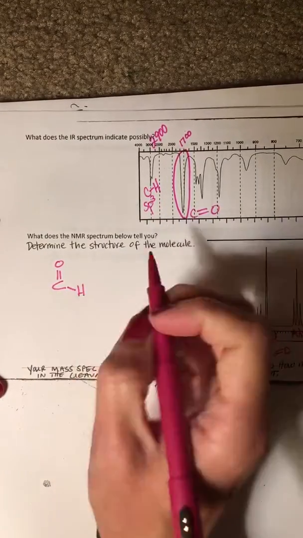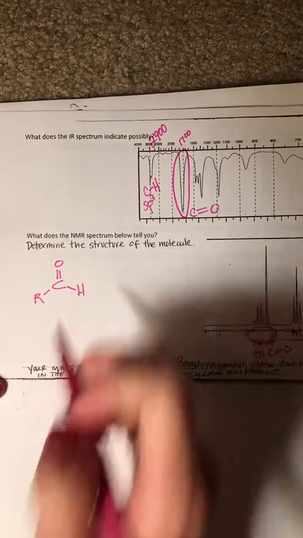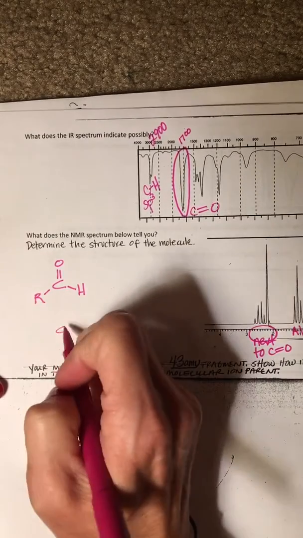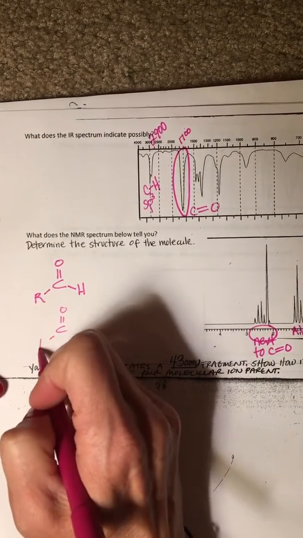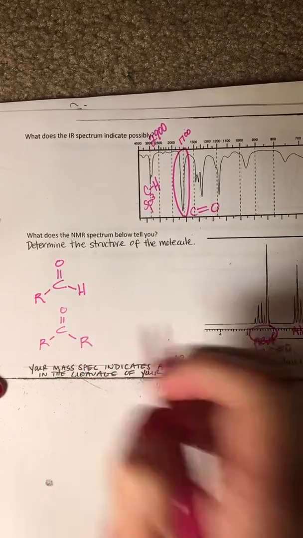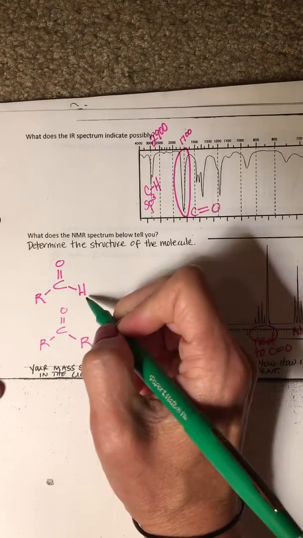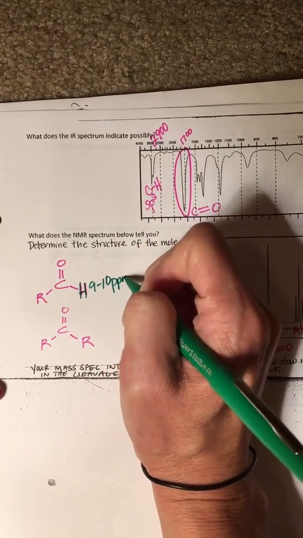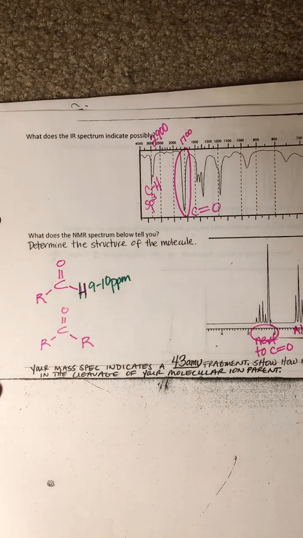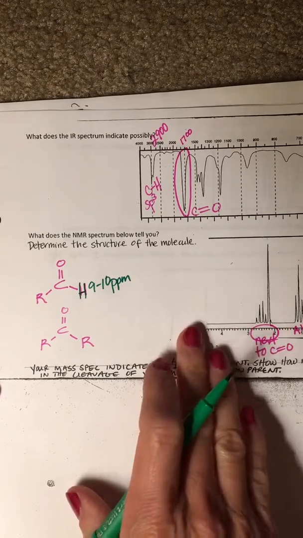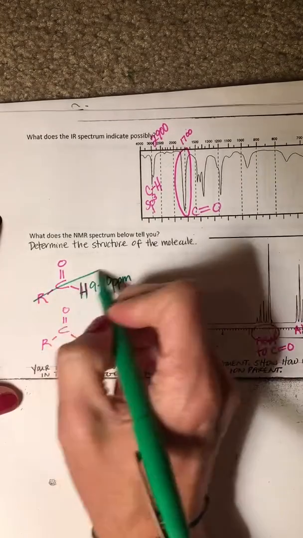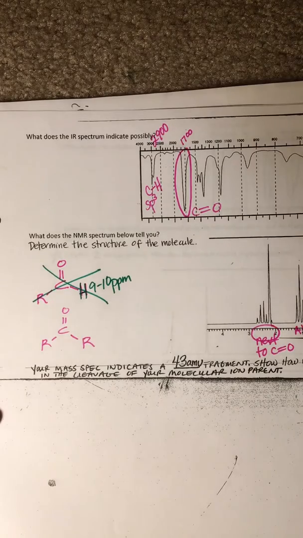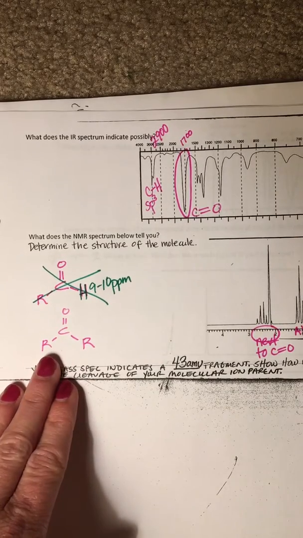We've got 2 structures: aldehydes, and also ketones. Now an aldehyde hydrogen, this little guy right here, is always 9 to 10 ppm, a singlet on an NMR. There isn't anything there. So we don't have an aldehyde. We're dealing with a ketone.